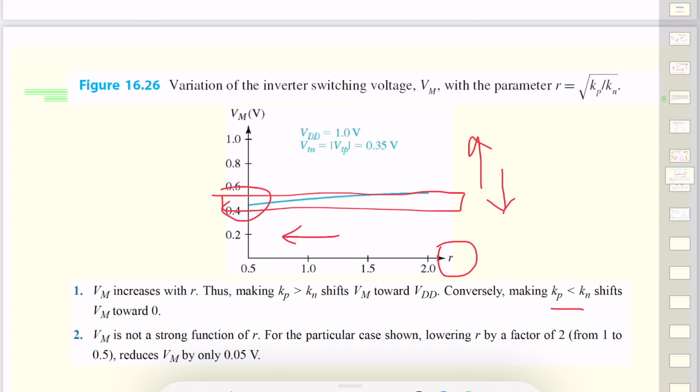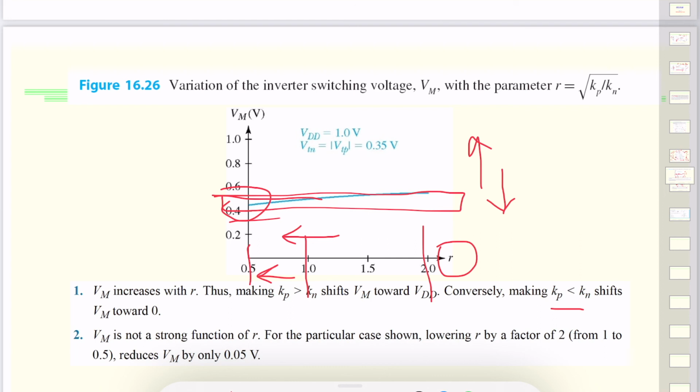Another important observation is that it's not a very strong function of R. What we are saying is that going from 1 to 0.5, making it half, does not change the noise margin too far. It just changes by 0.05 in that direction.